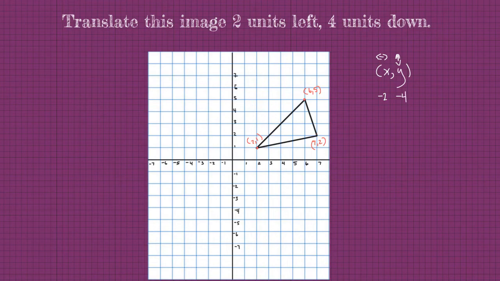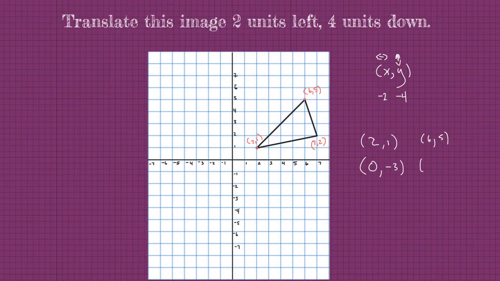So what does that mean? Well, when I look at each coordinate, let's look at the first coordinate, (2, 1), for example. I'm going to be subtracting 2 from the x coordinate, so I end up with 0, and then I subtract 4 from the y coordinate, giving -3. So that's one of my points, okay? Then I look at the next point, (6, 5).